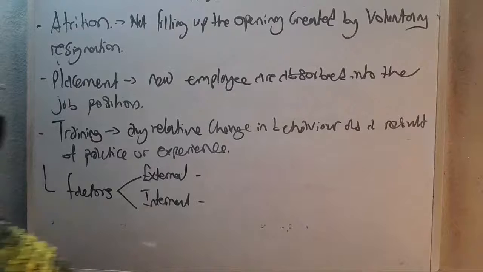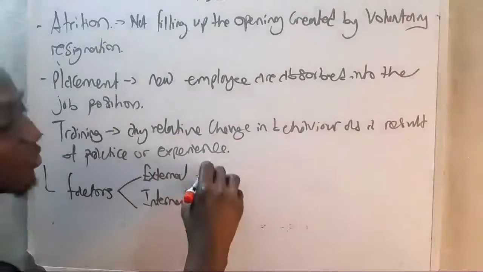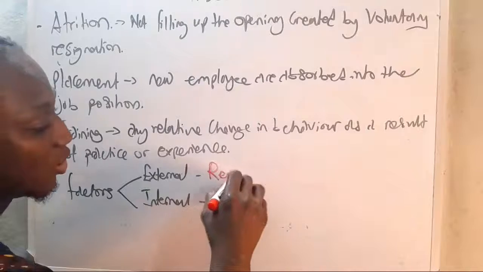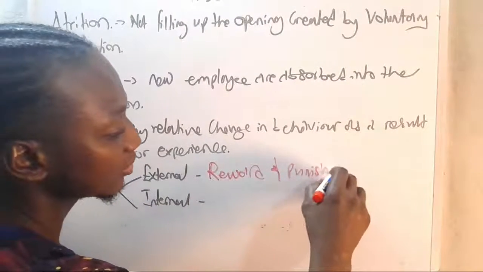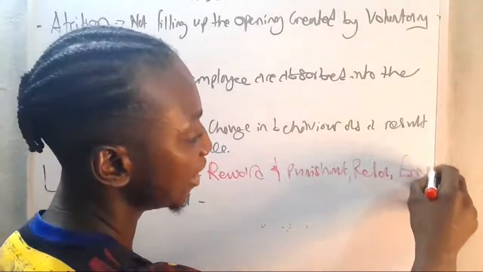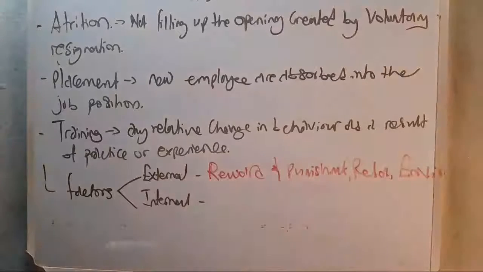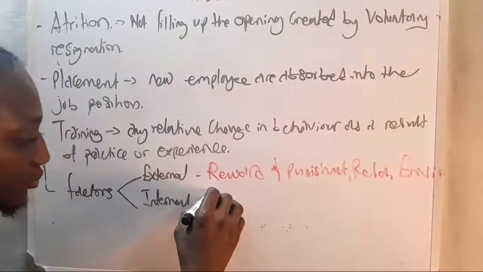For external, we have rewards and punishment, relationship, and environment. But for internal, we have perception, memory, motivation, attitude, emotion.